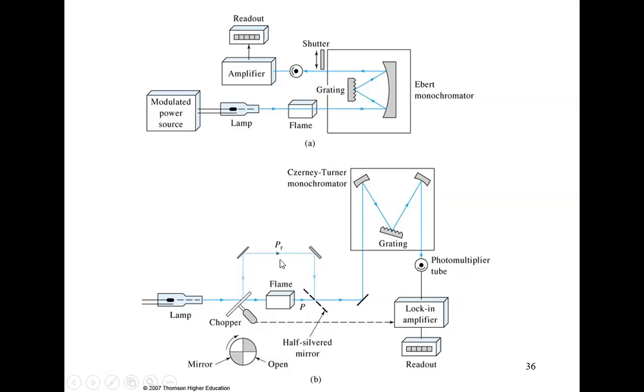The split here is the reference, then you go back here, then go to the Czerny-Turner monochromator grating, and eventually to the PMT, which amplifies your signal. Notice there's light that goes through your sample, which is in the flame, and there is also light that just goes through the reference. The two can then be compared.